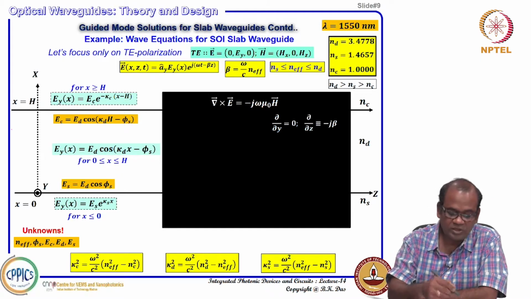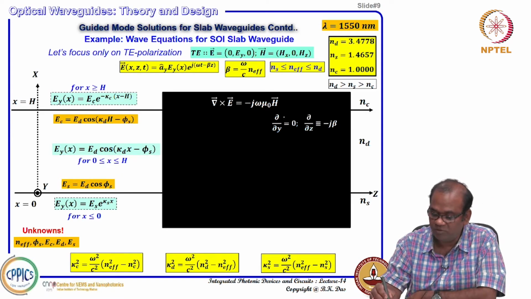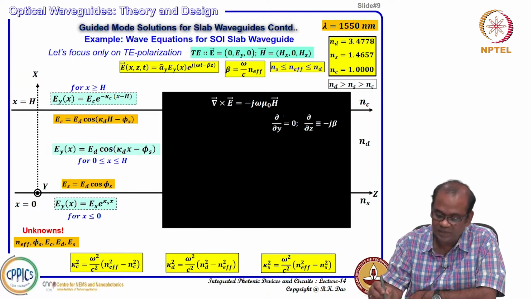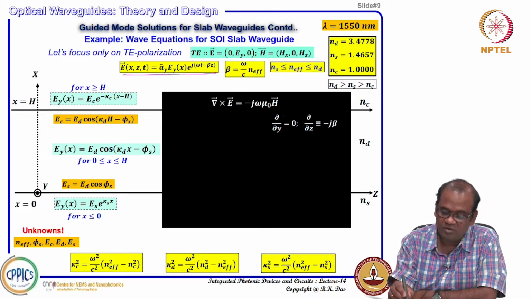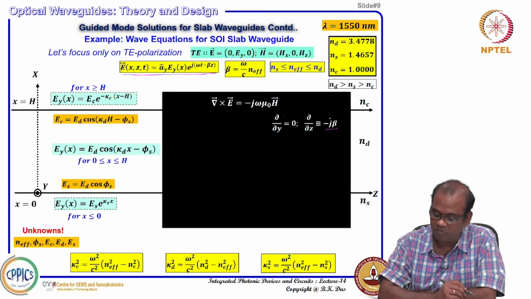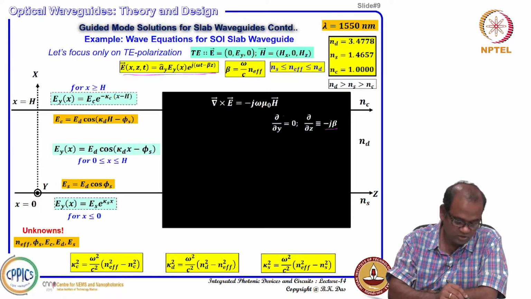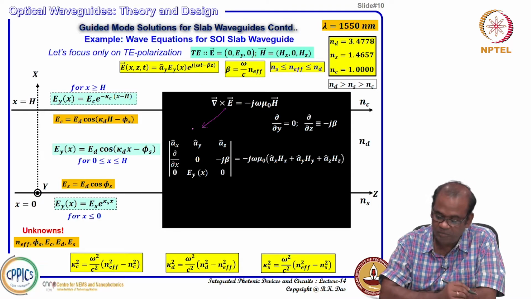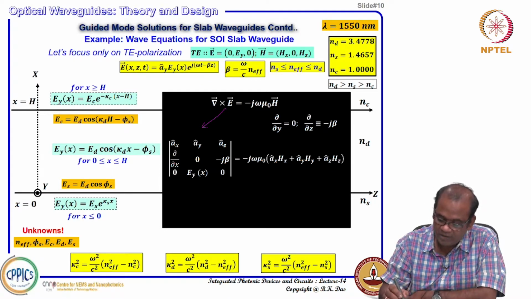Now we know for this 1D waveguide structure, del del y equal to 0, that means along the y direction the field is not changing, this is the assumption, and for del del z, if you just consider only z dependency, e to the power minus j beta z is there. So if you do the partial derivative with respect to z, that gives minus j beta and the same thing will be coming, right. So we know this thing. Next thing what we know, this curl of a vector we can expand in this matrix form, determinant form.